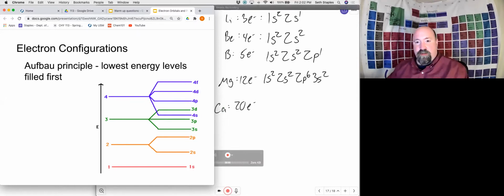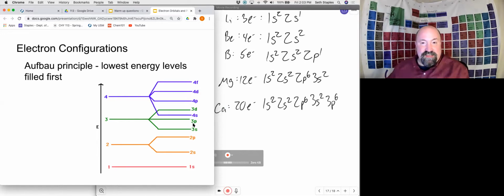We're going to start down here with 1s, fill 1s2, and then we'll go to 2s, 2s2, 2p6. We're going to move on to 3s, 3s2, 3p6. Now, before we go to 3d, we're going to go to 4s. And we have 2, 4, 10, 18. We only need 2 more. So we get 4s2. And that would be our configuration for calcium. So we fill 4s before 3d.